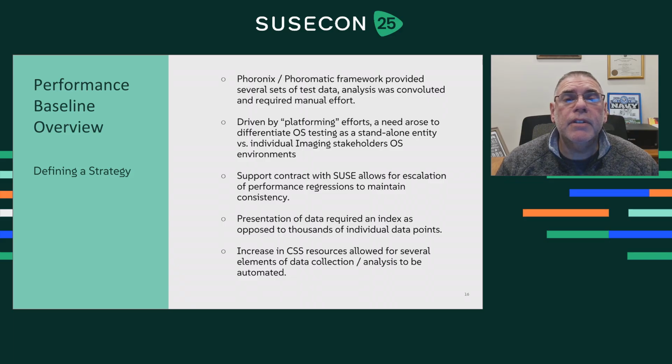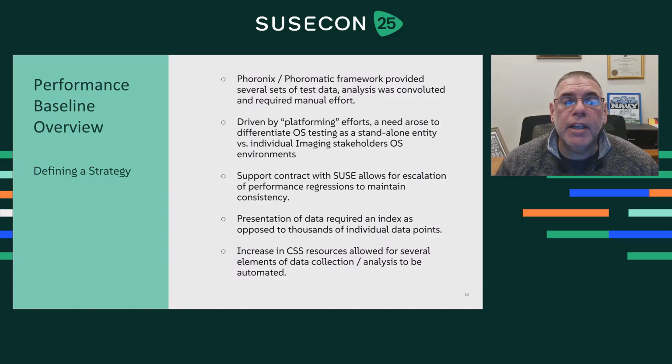The addition of the SLES15 distribution in 2019 enabled the imaging business to begin the process of providing both common hardware and software components across all imaging segments, thus a need for platforming. Partnering with SUSE also provided the ability for GE HealthCare to request support for inconsistencies with product integration into the SLES15 distribution.